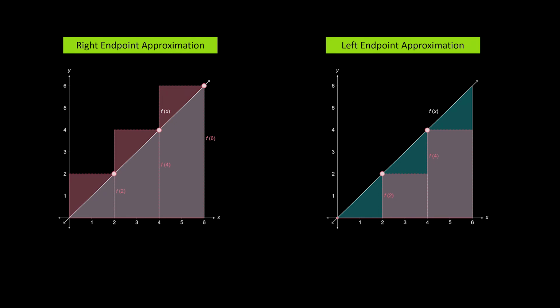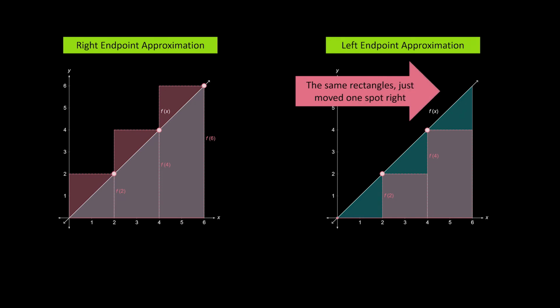In particular, where these dots are appearing, these two middle dots are also appearing over here. And the left endpoint approximation is in some sense using the same rectangles, but moved to the right one spot. So this first rectangle here becomes the second rectangle over here.